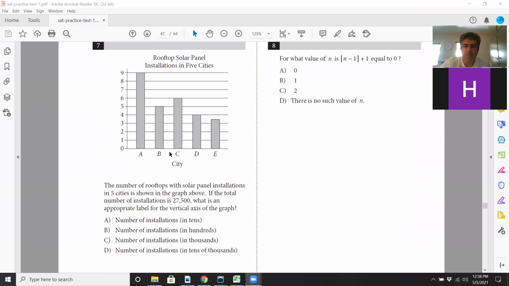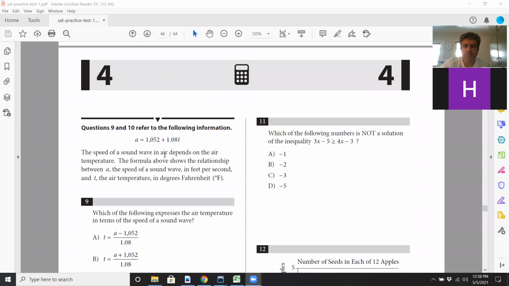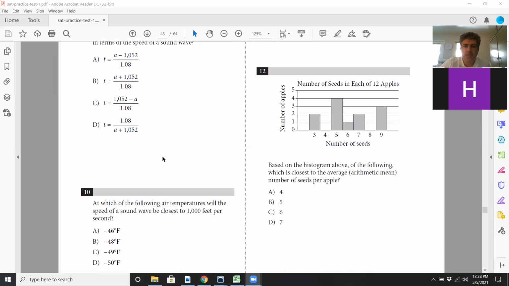We'll keep moving around a little bit. Let's look at some questions that deal with charts or tables. Like here, they want the average number of seeds per apple. So we call this a histogram, where it's like a bar plot in a way.